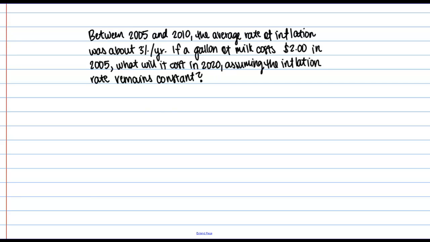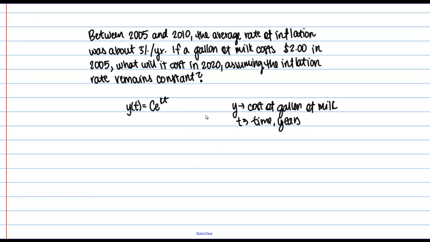So then our equation is going to have the form y of t equals c e to the kt. And here y, in our case, is going to represent the cost of a gallon of milk. And t is going to represent time in years.